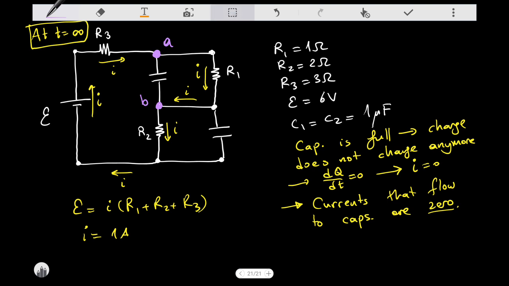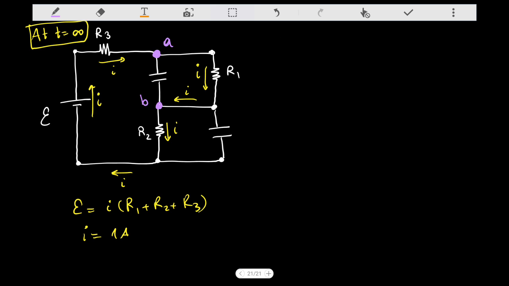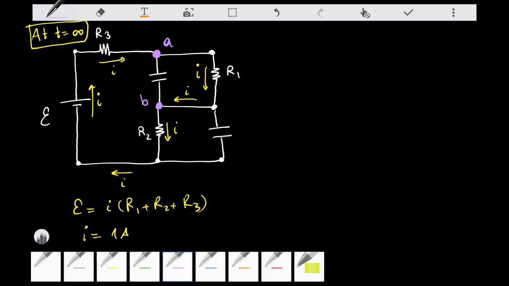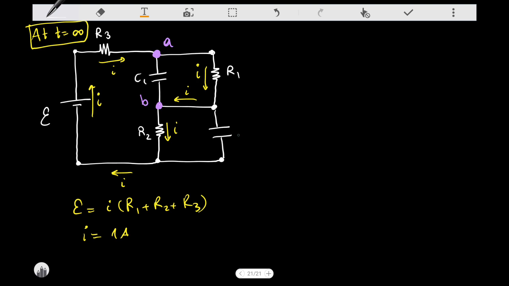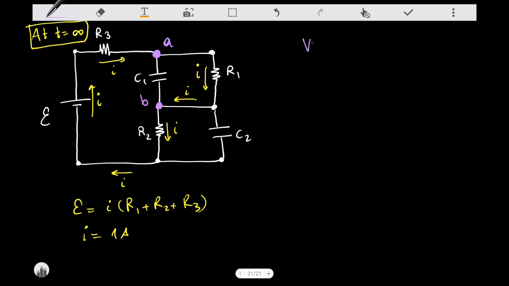So for this purpose, let me erase. I think I'm going to erase everything. I know the capacitance values, and I can remember all the values. They are not that important anyway. So to find the charge on the plate of the first capacitor, this one, let me call this C1, this is C2, I need to know the potential difference VAB.